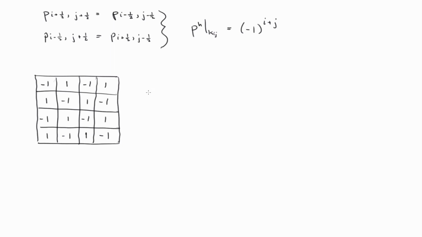This is known as a checkerboard pattern. And this is a spurious pressure mode.